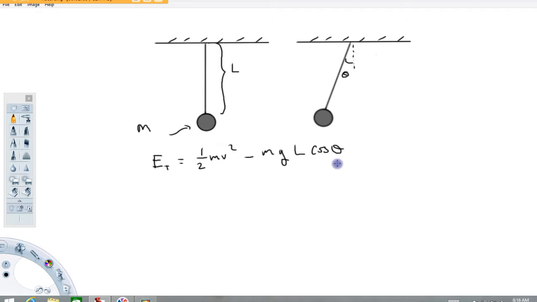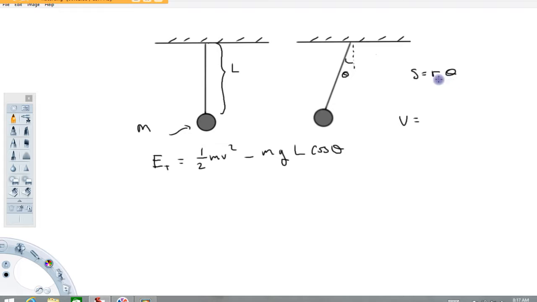Now, the v and the theta are related. I'm going to use theta here to track where this thing is at. So the v can be related to theta from the definition of a radian. Remember, as this thing moves along this path, it's traveling what's called an arc length. From the definition of radian, the arc length is equal to r times theta.